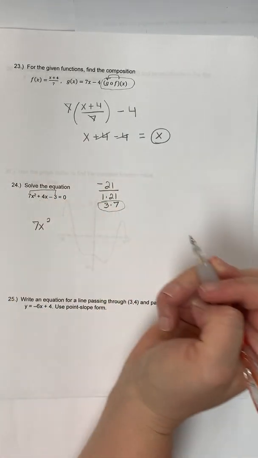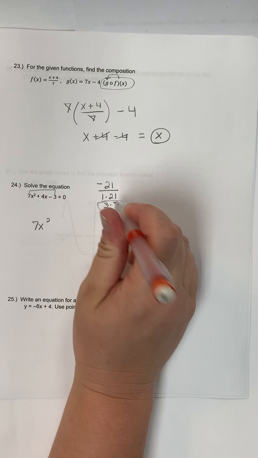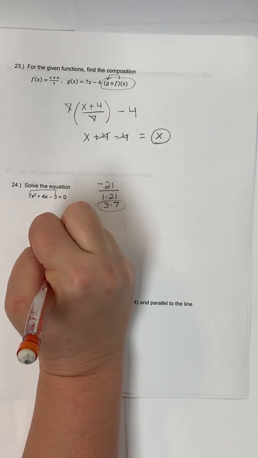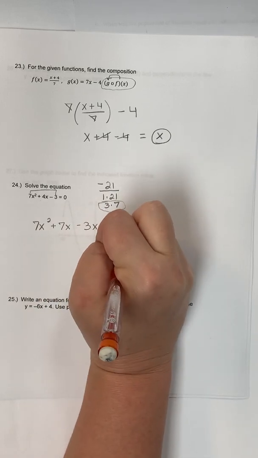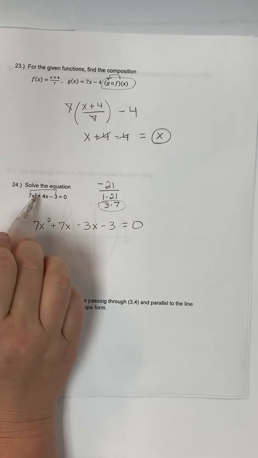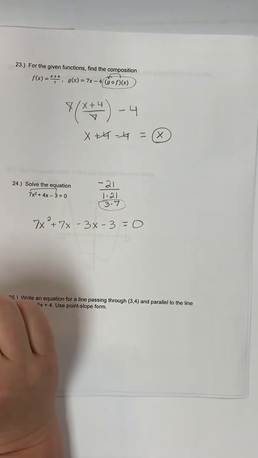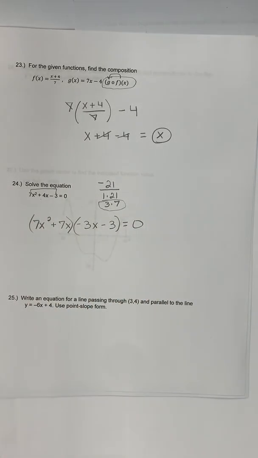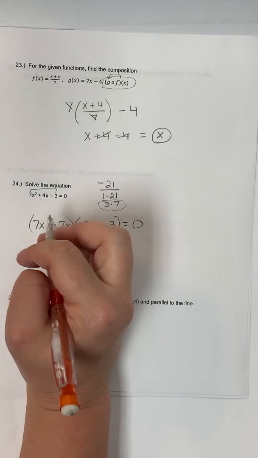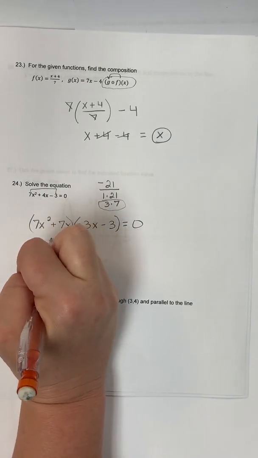Okay, so I want a positive 4, which means I'm going to take a positive 7. Now notice I put the 7 next to the 7x squared, and I put the 3 next to the negative 3. I did that just so that it would come out nicely, but it'll work either way. All right, here I have a GCF of 7x.